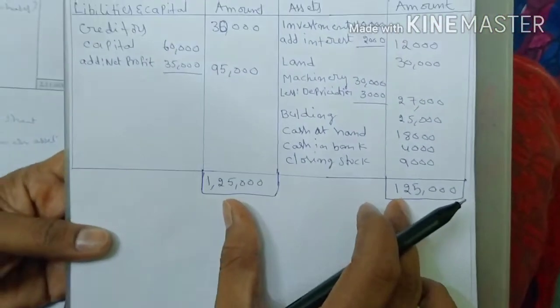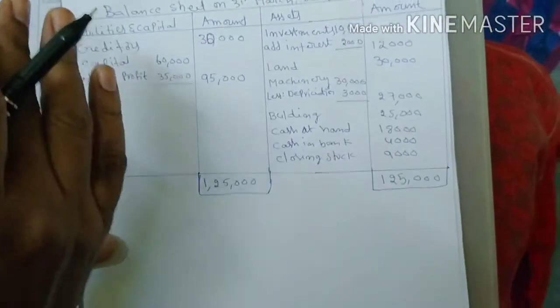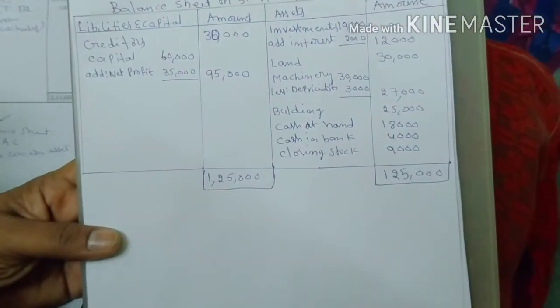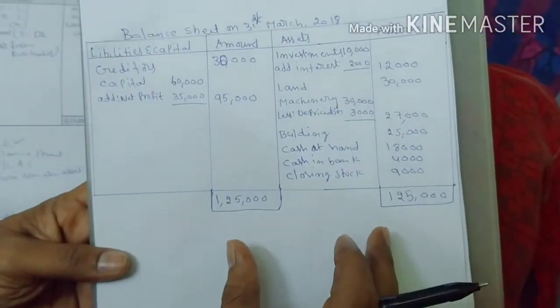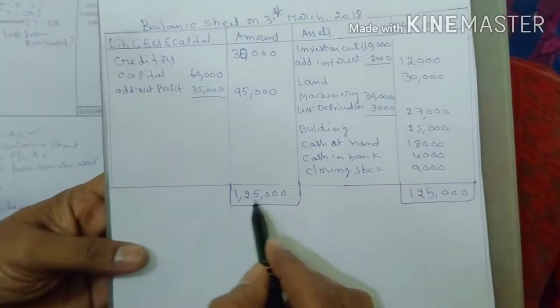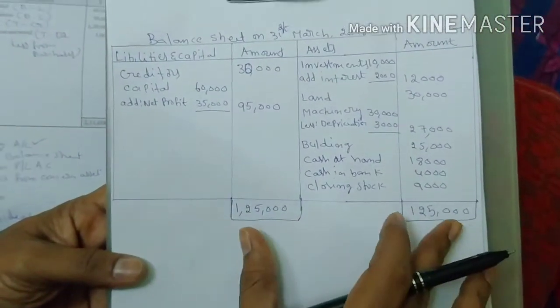Otherwise we need to cross-check with the earlier trading account, profit and loss account, or otherwise there are some posting mistakes. So finally we got both totals equal. So this is about the balance sheet. While doing final account problems, we should always remember that the balance should tally. That means liabilities should be equal to the assets. We should remember that point.